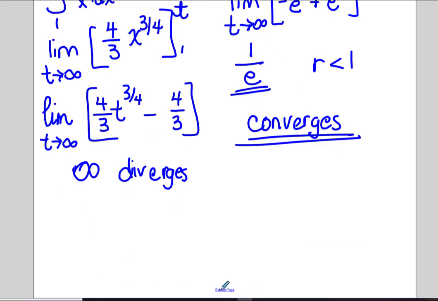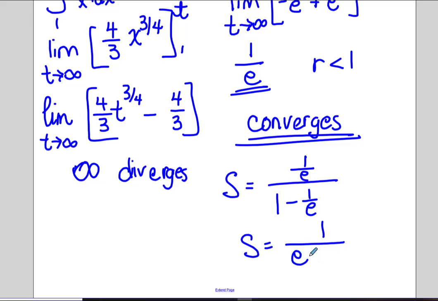And if you wanted to actually know the sum, you could use the sum formula. So the a sub 1 term is 1 over e, and 1 minus the ratio was 1 over e. So this would simplify to be 1 over e minus 1. If we combine like terms, I made this e over e.